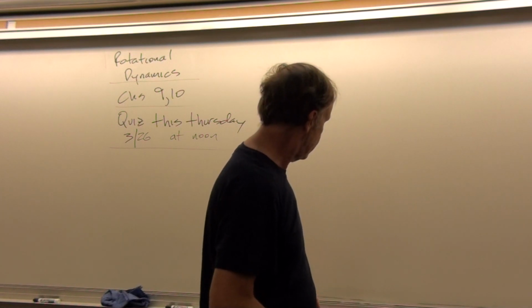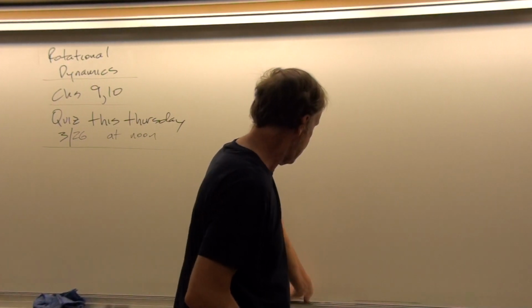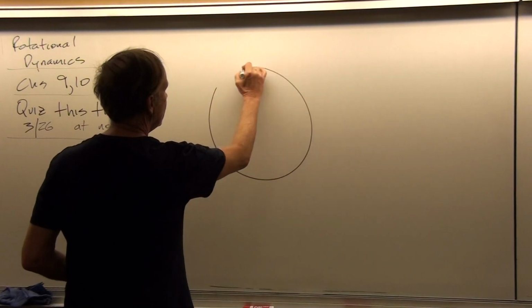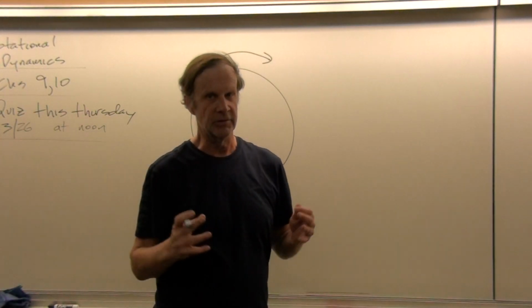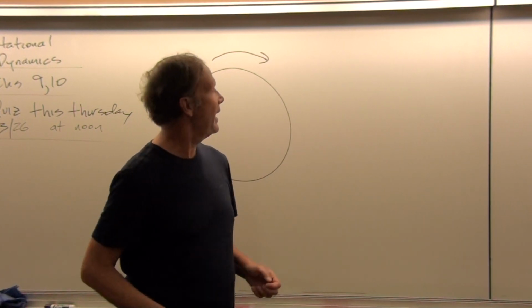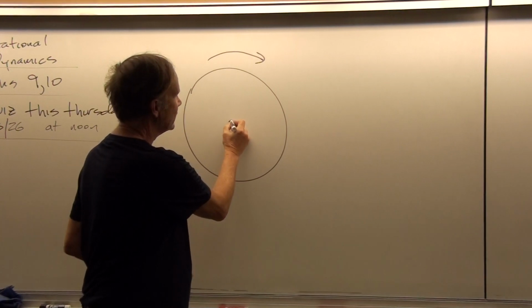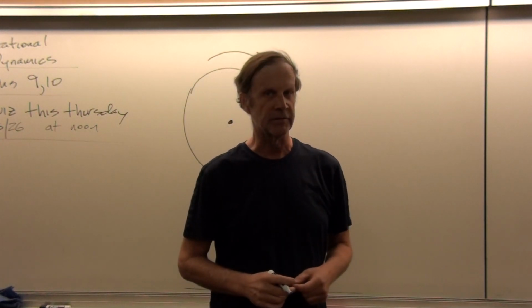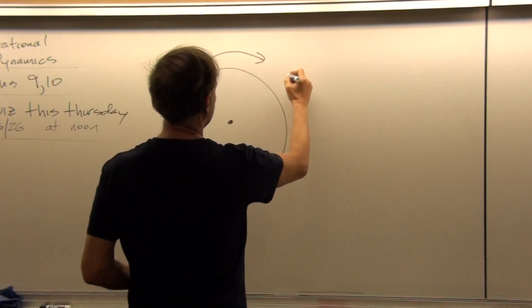All right, so with rotational dynamics, what we're interested in is looking at a problem in which an object has spatial extent, so it's not a point mass anymore, and that object has not necessarily any motion of the center of mass, but we have motion about the center of mass. For example, a wheel would be an example of this.